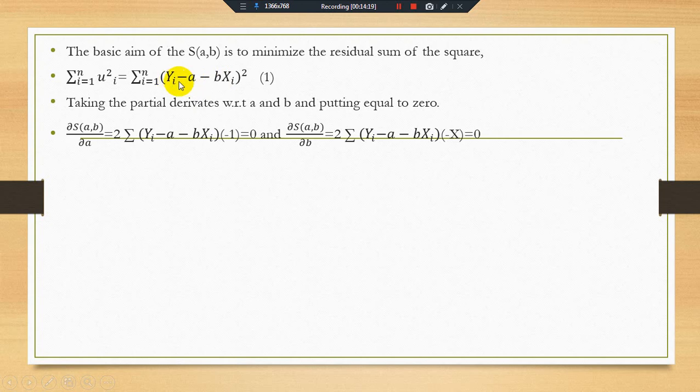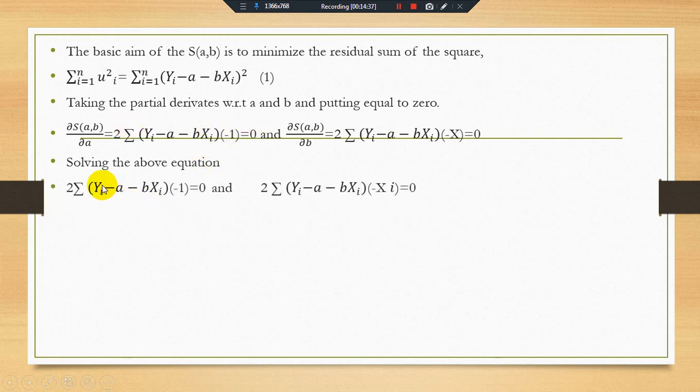This will become 0, this will become 0, and this will become -xi because we are taking a derivative with respect to b. So here we have a xi. Okay, we are going to solve these equations.